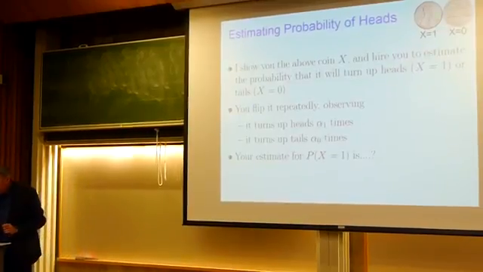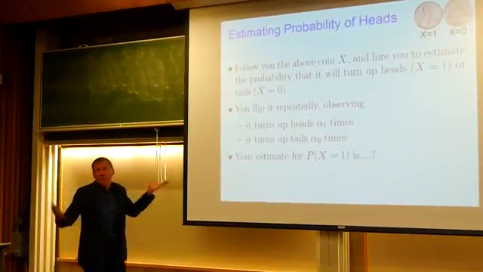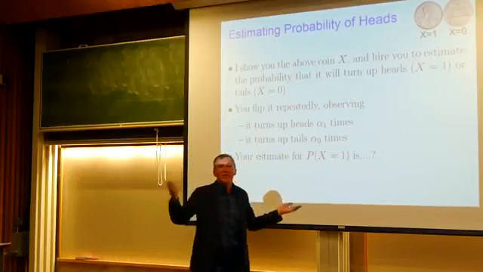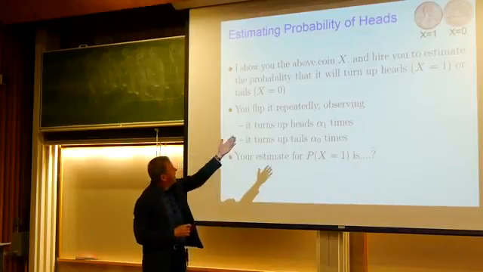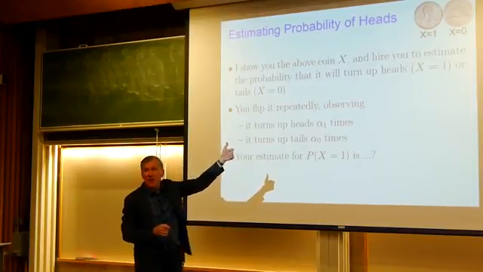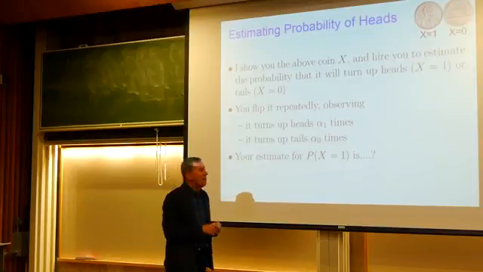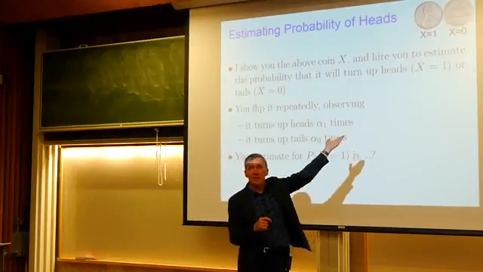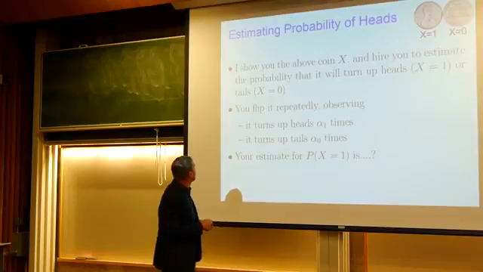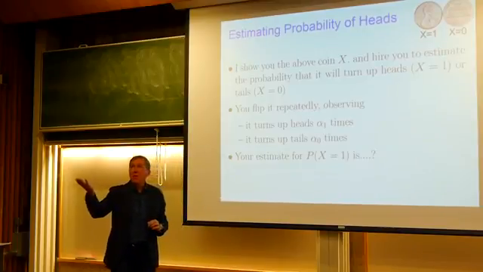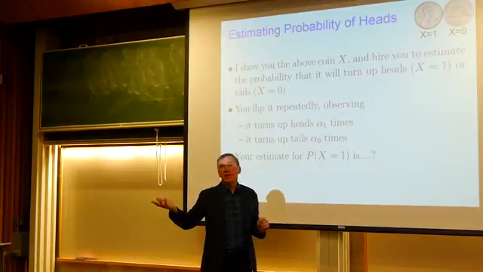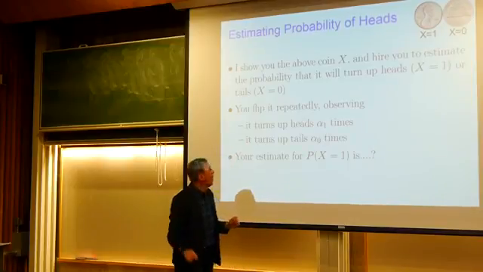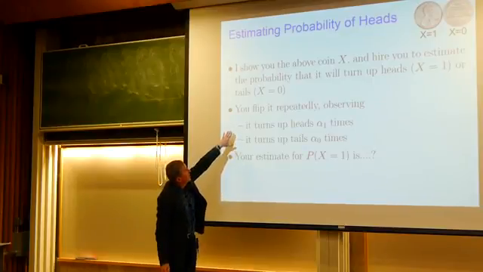Well, let me ask you. Here's the simplest probability estimation problem I can give you. I show you a coin, there it is, got a picture of it. Let's say the coin I will flip, and I'll define a random variable x, which is 1 if it turns up heads and 0 if it turns up tails. Your job is to come up with an algorithm for estimating the probability of it turning up a 1 based on flipping it repeatedly.